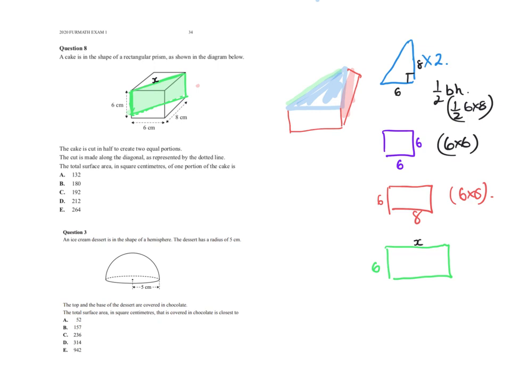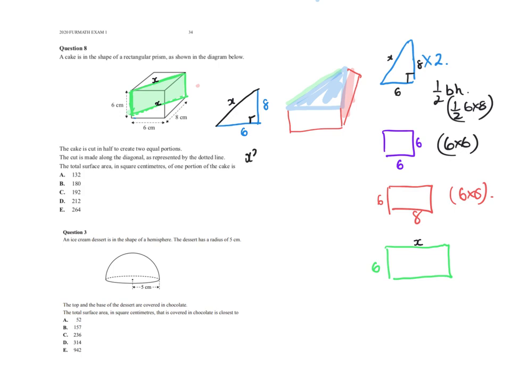So I don't know, which is also X down there, which I don't know what it is, but I can use this bottom triangle, the one that we had 8 and 6, and I can use this X, and use Pythagoras to find out what X is.